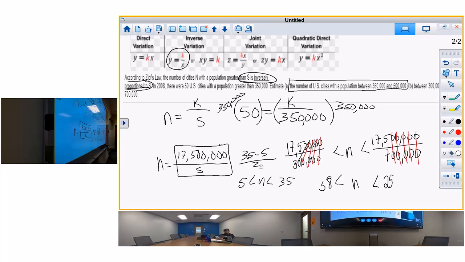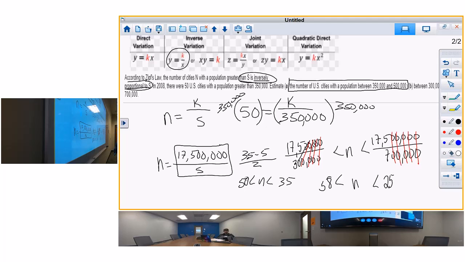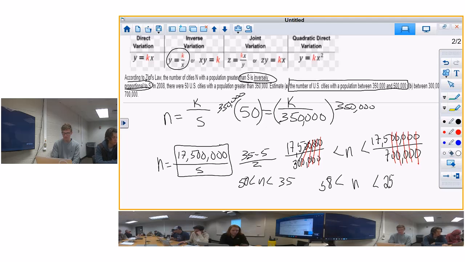You said they did what to get the second one? They subtracted it, but on the first one it should be n is greater than 50 and n is less than 35. And then 50 minus 35 is 15. So they're just subtracting them.